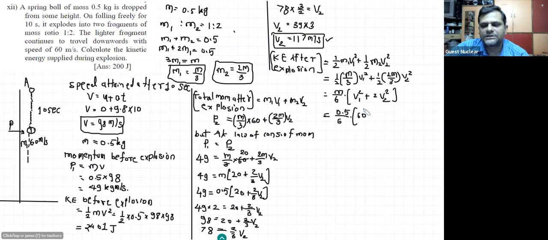So this is going to be 60 whole square plus 2 times of v2 square, where v2 is actually 117 और उसका स्क्वायर.